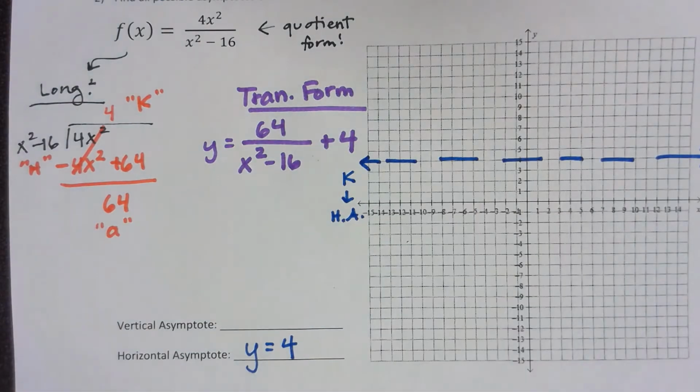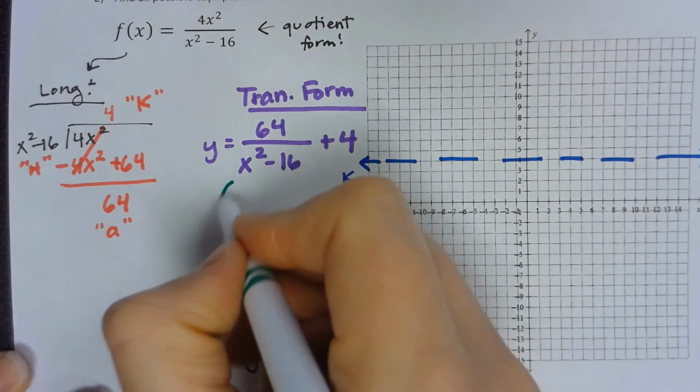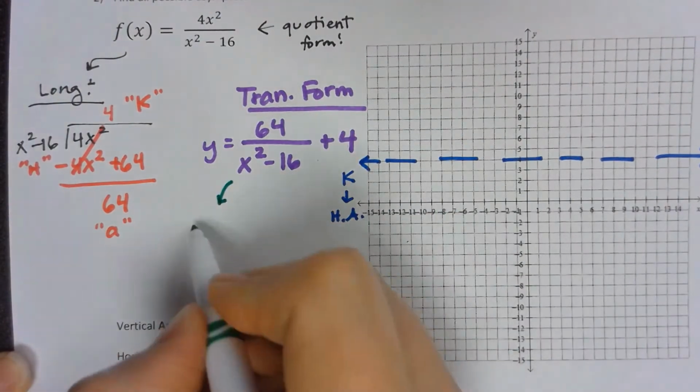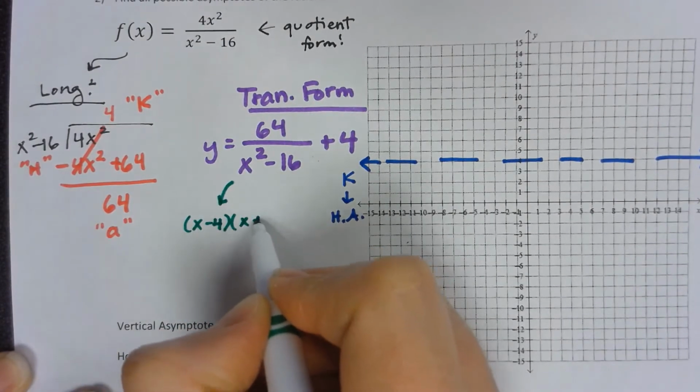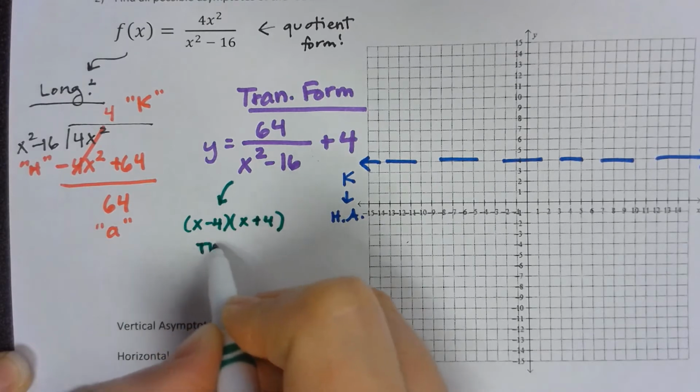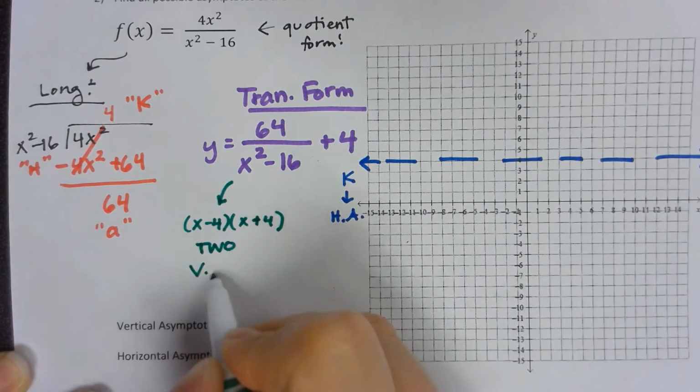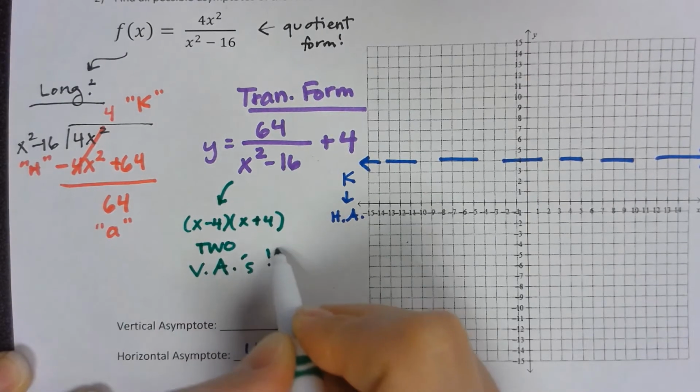But what I'm more interested in are the vertical asymptotes because some crazy stuff is going on with that. So if you notice, this is actually a binomial that we know how to factor. So you're going to factor this difference of squares, x minus 4 and x plus 4, and then you will actually get 2 vertical asymptotes.